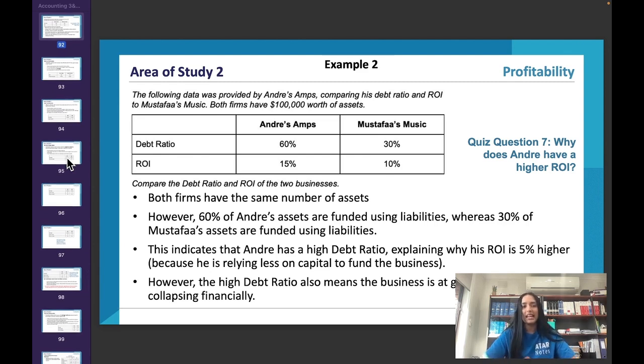So basically that means Andre is relying way more on debt and liabilities, which means that if the business doesn't do well in a period, or it doesn't earn as much cash as expected, or for whatever reason it loses a lot of customers, it's not going to have enough cash to pay off those debts. Not being able to pay off debts might result in the business going bankrupt and collapsing financially.